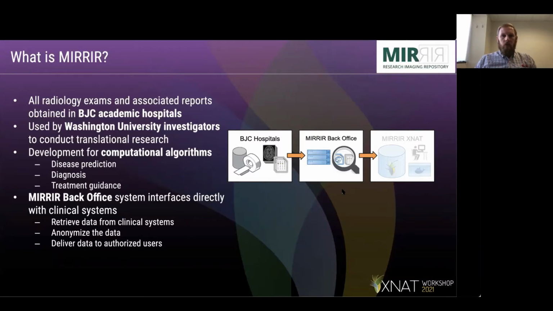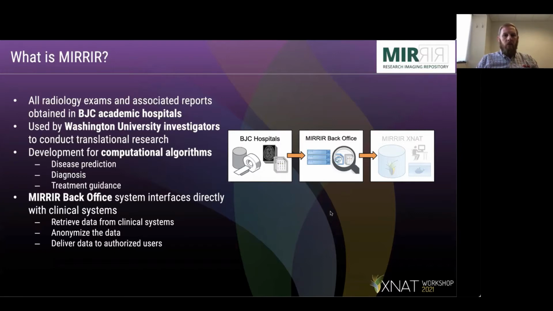What we're up to is getting all of the radiology exams, all the DICOM images, and their associated reports from the BJC academic hospitals, and then WashU investigators can conduct research and develop computational algorithms for various disease prediction, diagnosis, and treatment guidance. This is currently only available on our network or through the VPN.